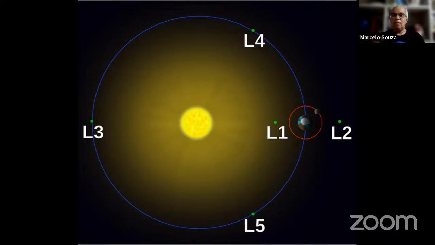In some of them you have the gravitational force from the Sun and from the Earth, and you can have the same conditions for both. Then it is a stable position.